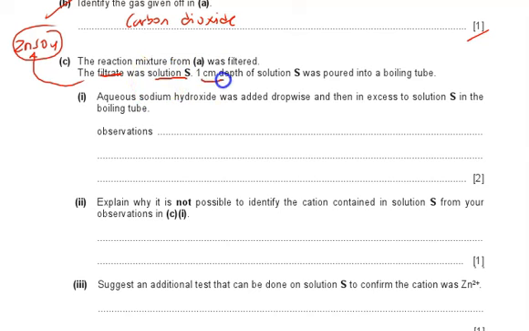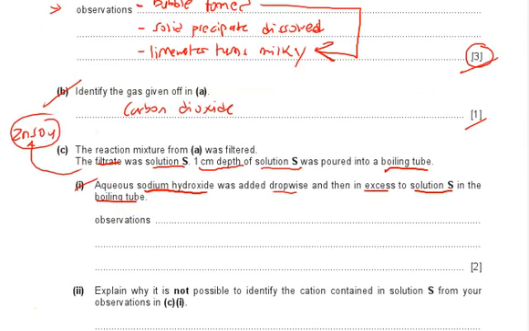1 centimeter depth of solution S was poured into a boiling tube. Now they are asking, aqueous sodium hydroxide was added dropwise and then in excess to solution S in the boiling tube. Now they are asking for the observation.